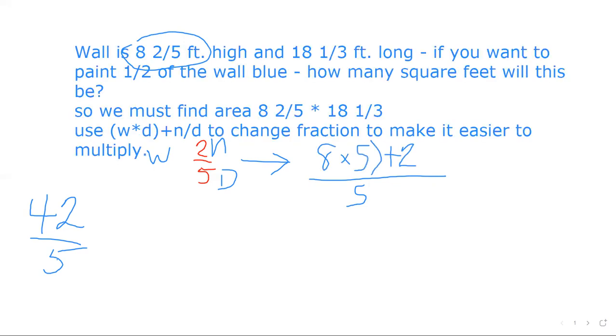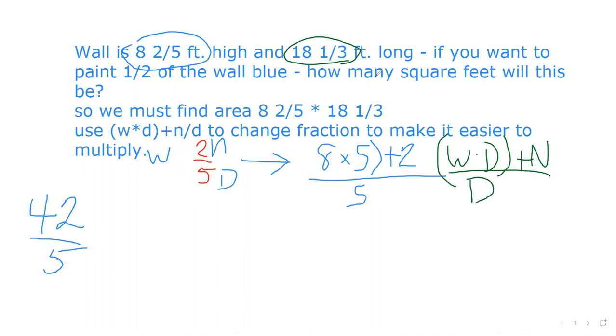Not the end of the world, because what I'm going to do now is take this number, 18 1/3, and again, whole number times denominator plus the numerator over the denominator. So my whole number here is 18. The 1 is my numerator and the 3 is my denominator.